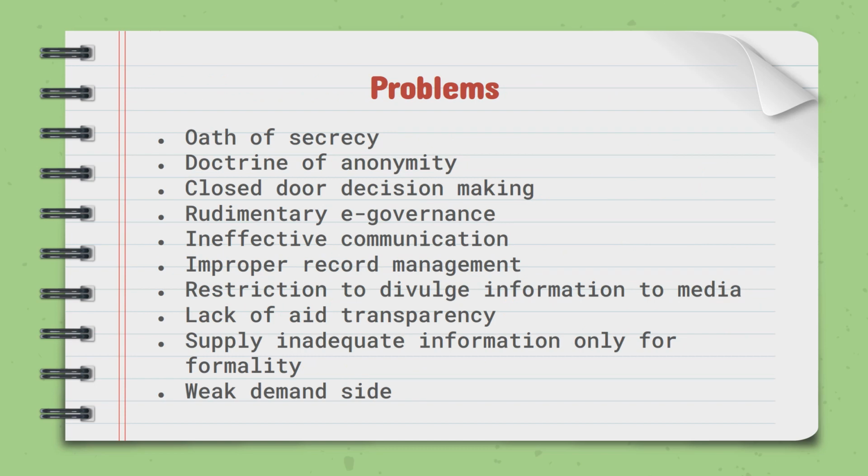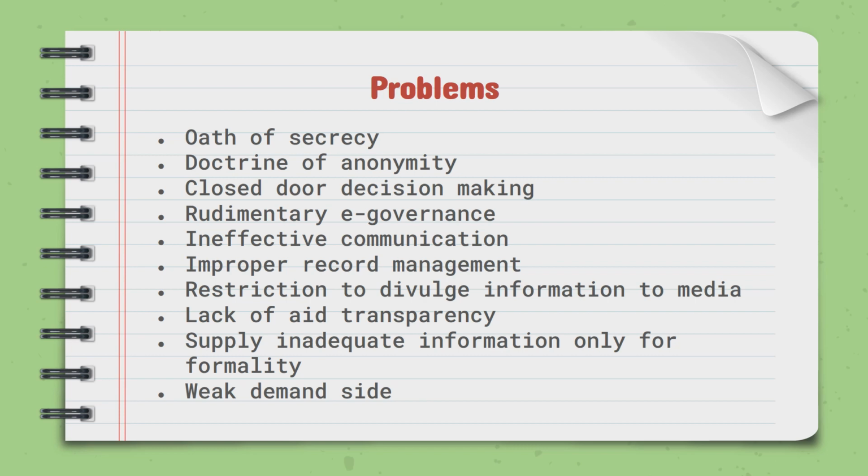What are the problems and obstacles in right to information and transparency? The first thing is, when we join the public service, we take an oath of secrecy. We don't take an oath of transparency or right to information.